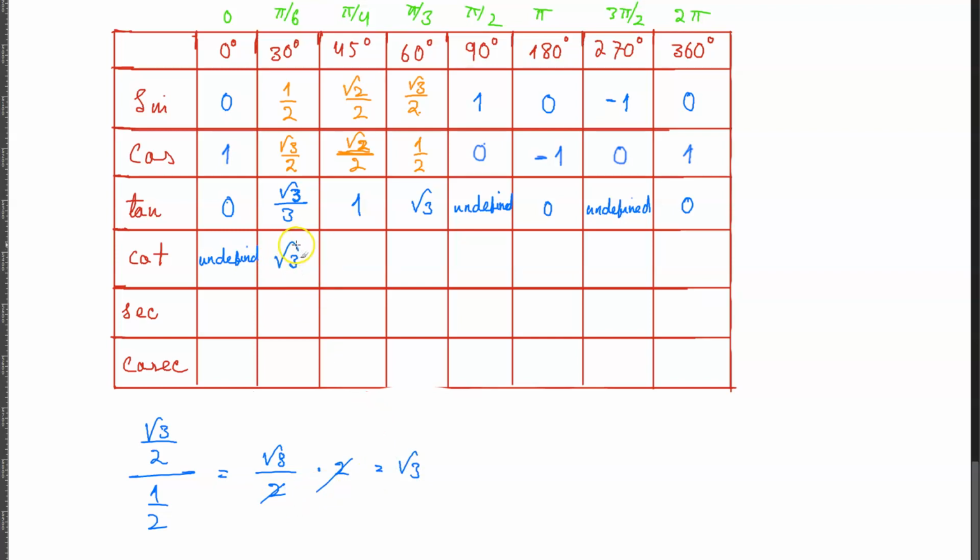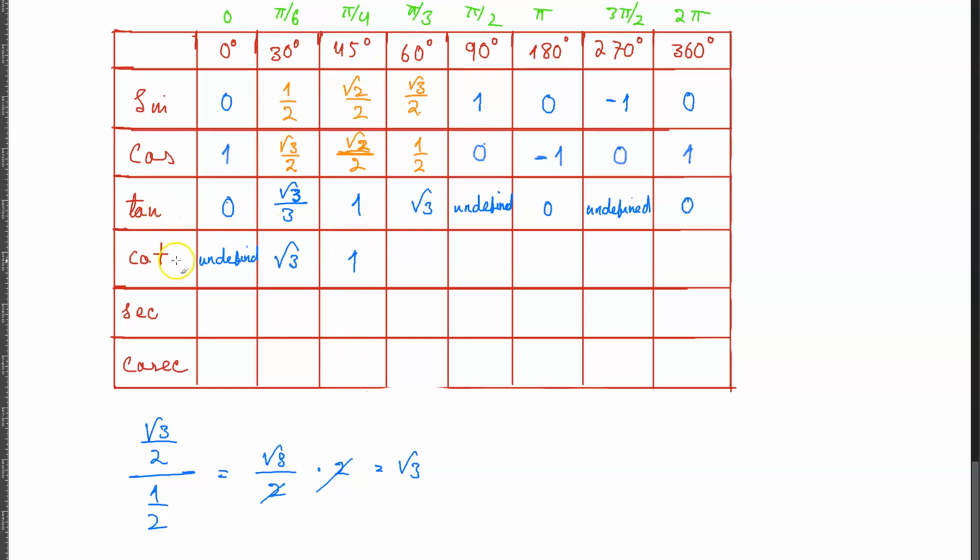So the cot of 30 degrees is equal to square root of 3. The cot of 45 degrees is cos divided by sine, so square root of 2 over 2 divided by square root of 2 over 2, which is equal to 1.